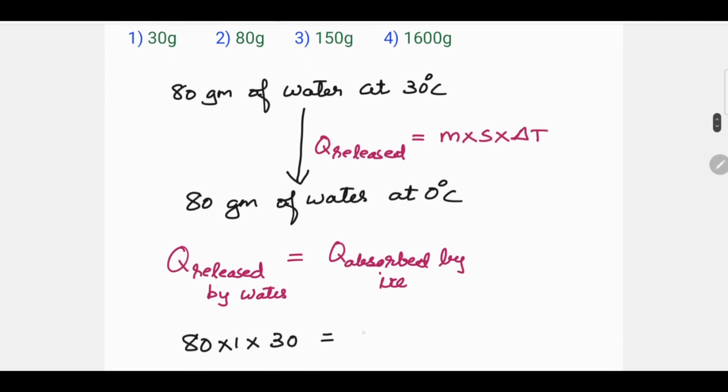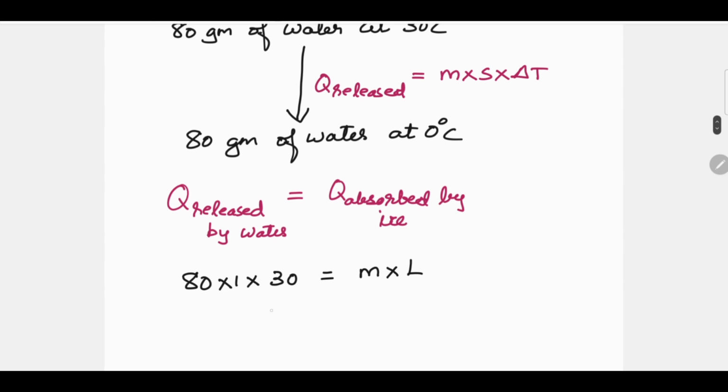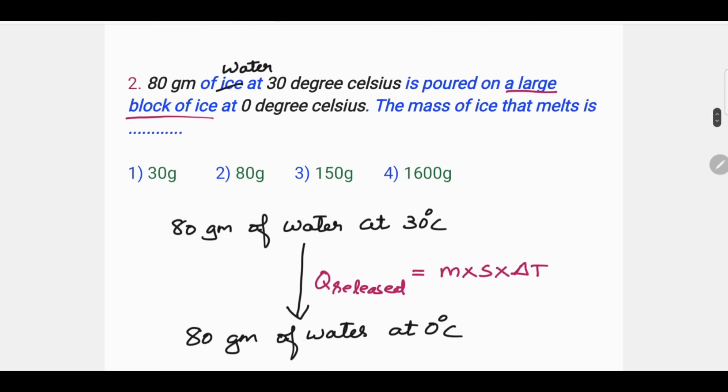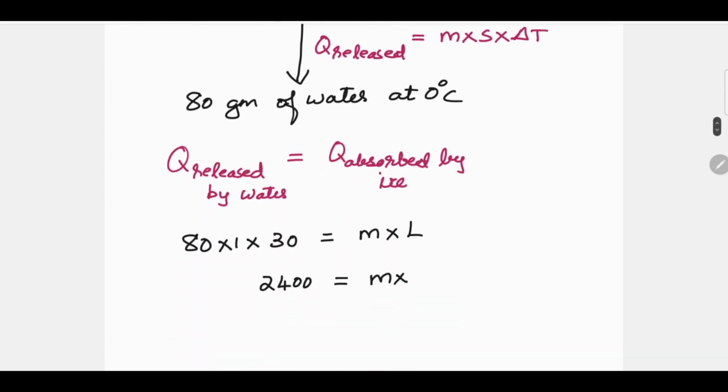When ice melts, we use the relation m into latent heat. That means 80 into 30, that is 2400 calories, is equal to mass into latent heat. Latent heat of fusion is 80. So what is the answer? m equals 2400 by 80.